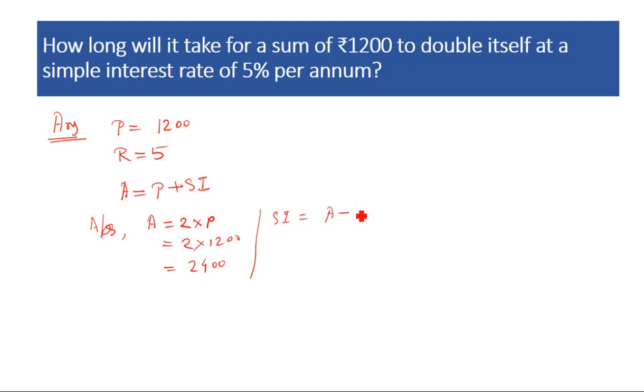SI is equal to A minus P, 2400 minus 1200 is equal to 1200.